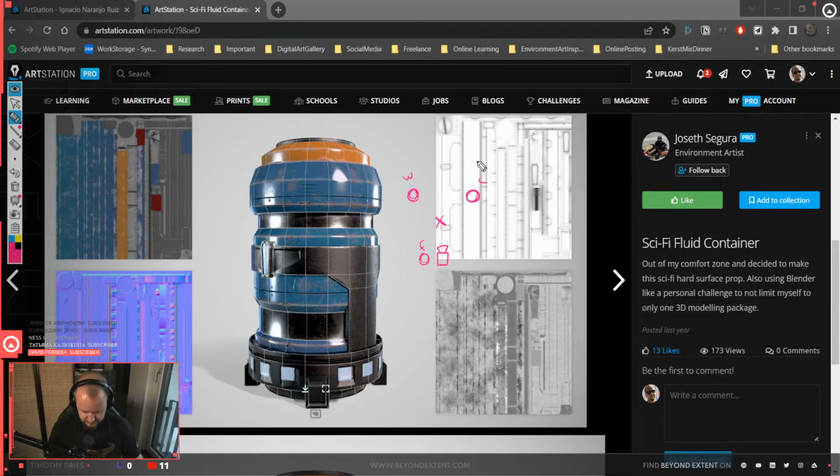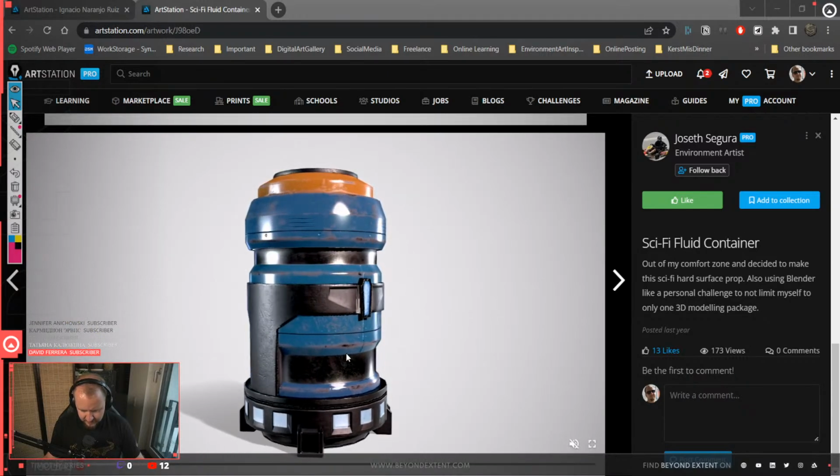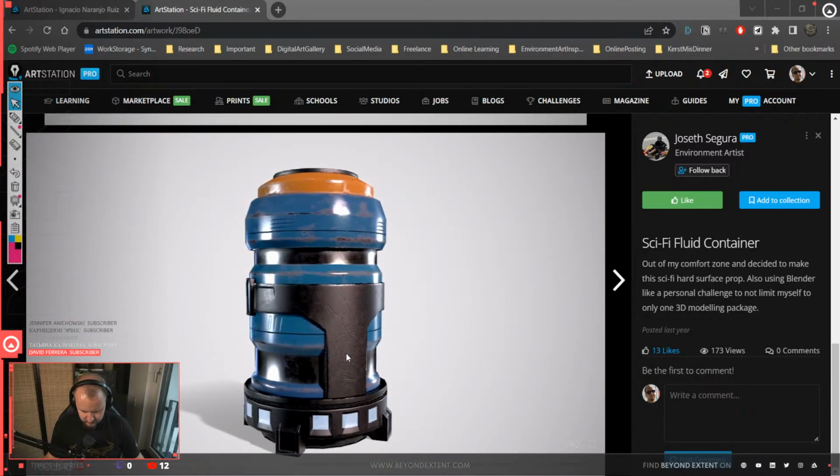Of course, you can expand on this, where you could have a rim light all the way here if you wanted to make that nice silhouette pop out from the background. But I don't think you need to go that far. But yeah, definitely lighting can be improved. 100%.